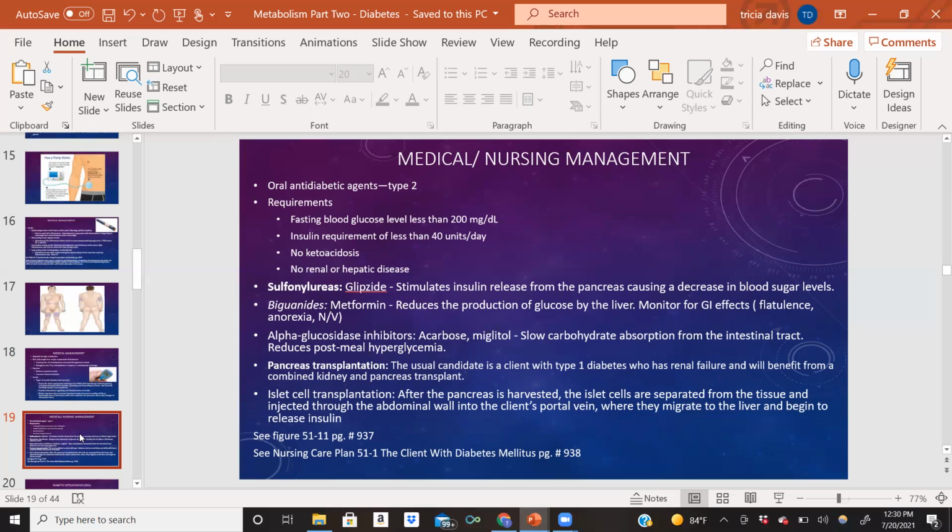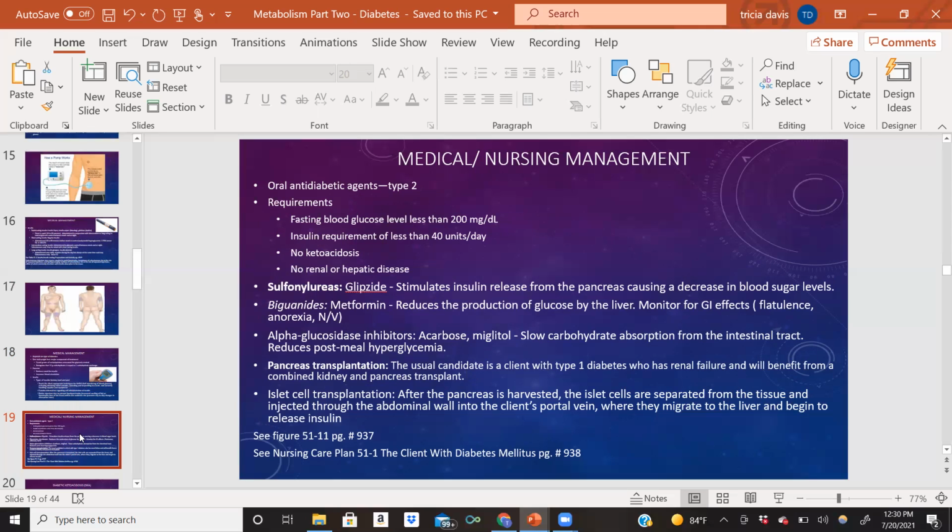Glipizide works by stimulating the insulin release from the pancreas, and it's obviously going to cause a decrease in blood glucose levels. Our biguanides, one of their medications that we see used all the time is metformin. Metformin works to reduce the production of glucose by the liver.